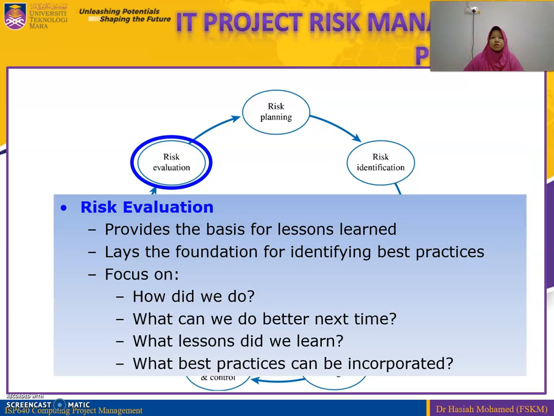And the last one, the risk evaluation, we provide the basis of lessons learned. It lays the foundation for identifying best practices that focus on how did we do, what can we do better next time, what lessons did we learn, and what best practices can be incorporated.